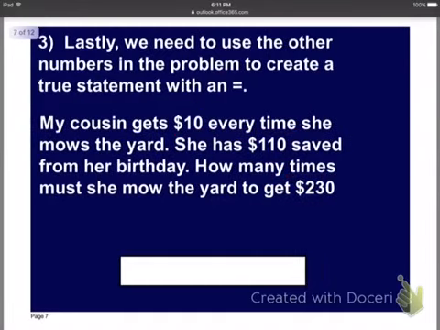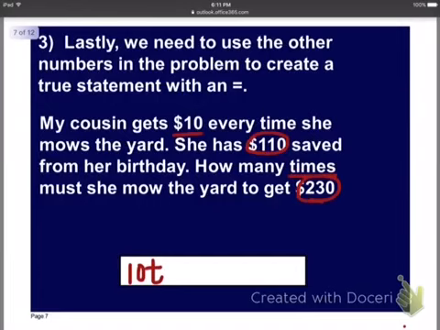At this point, we have taken the $10 for what she gets every time she mows the yard. We use the variable t to represent times, because that's what we're trying to find, how many times. We have two other numbers in here that we have not used yet: the 110 and the 230.